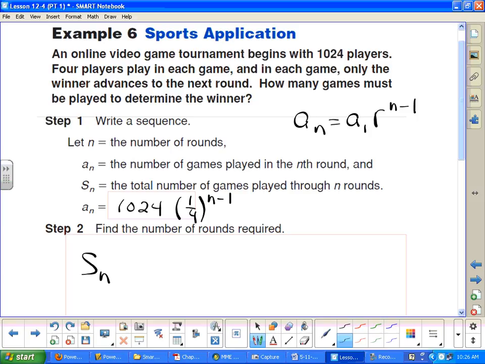Okay, now, let's think about this for a second. If we start with 1,024 individuals, okay, how many games were played with those 1,024 individuals?